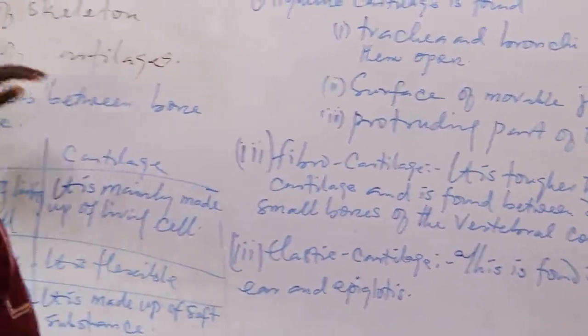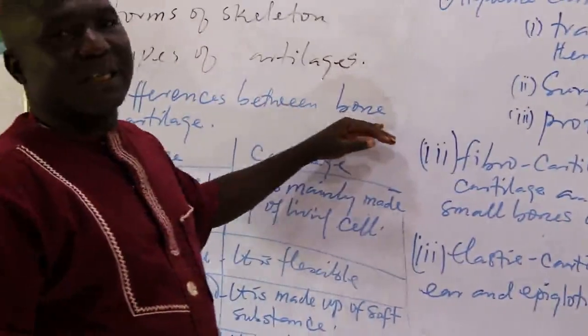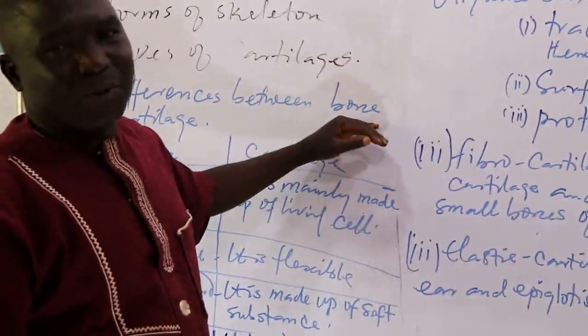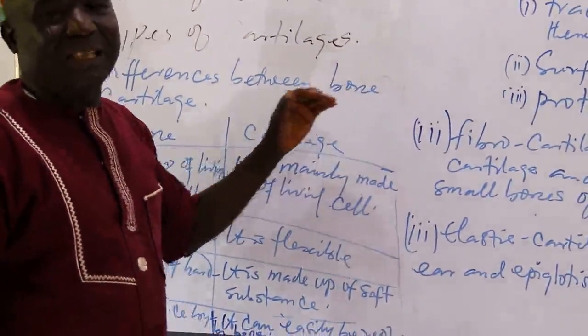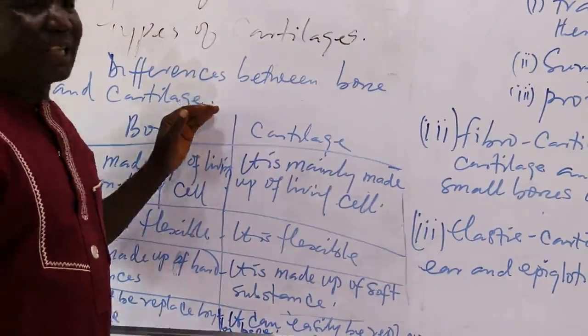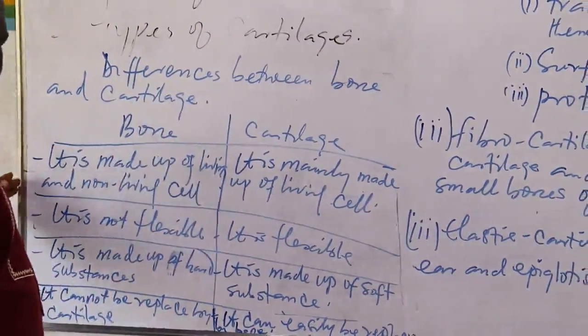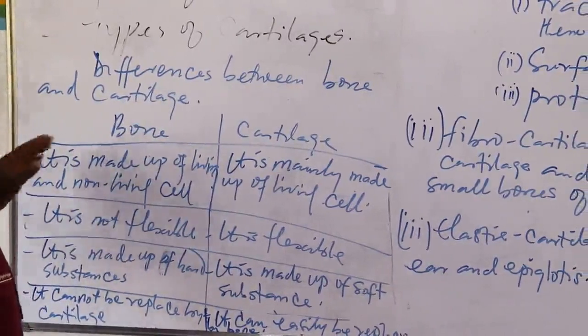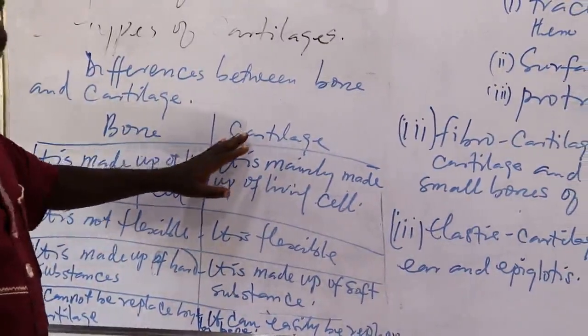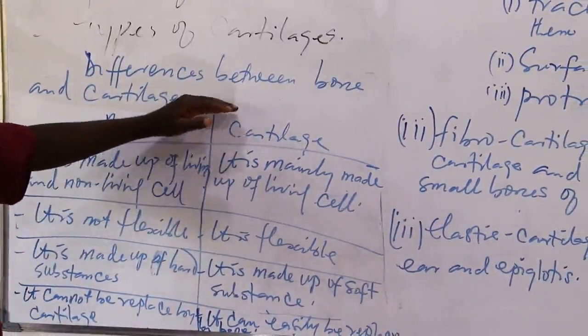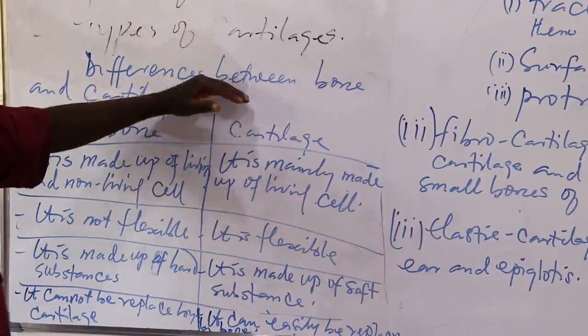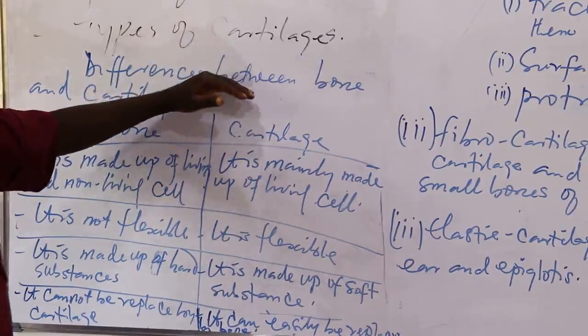So next is the differences between cartilage and bones. The differences are tabulated as this. We have 4 or 5 differences between bone and cartilage, presented in tabular form. Once you talk of differences, it's in tabular form.